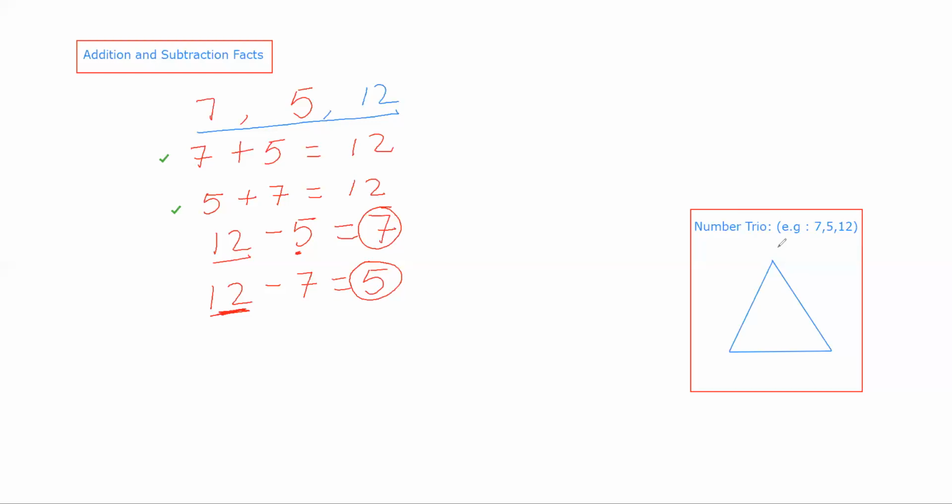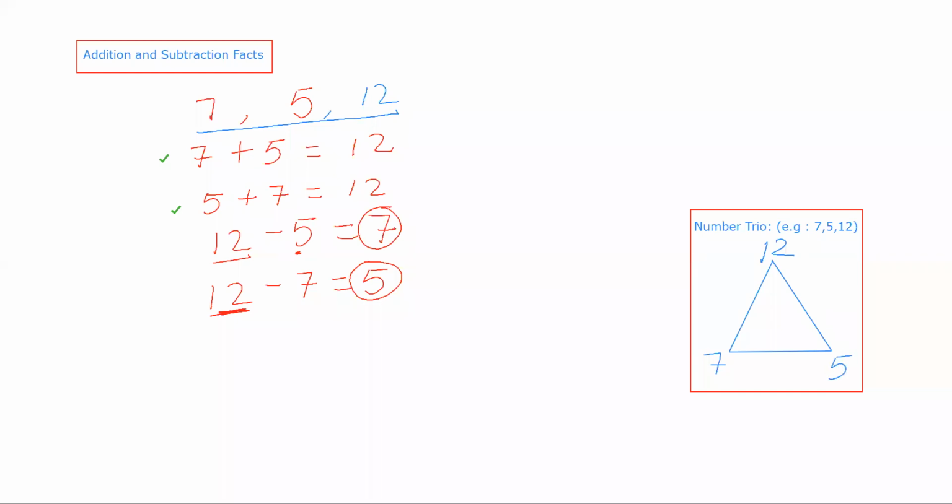So I am going to put these numbers on my triangle. So the rule says the biggest number of your trio will go on the top. Okay. So out of my 7, 5 and 12, what is my biggest number? 12. So I will put 12 on the top and the two smaller numbers will go on the bottom.